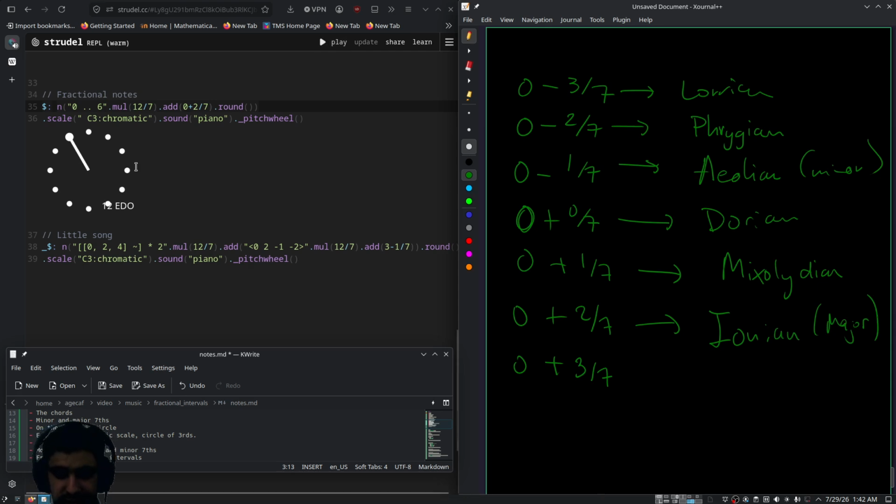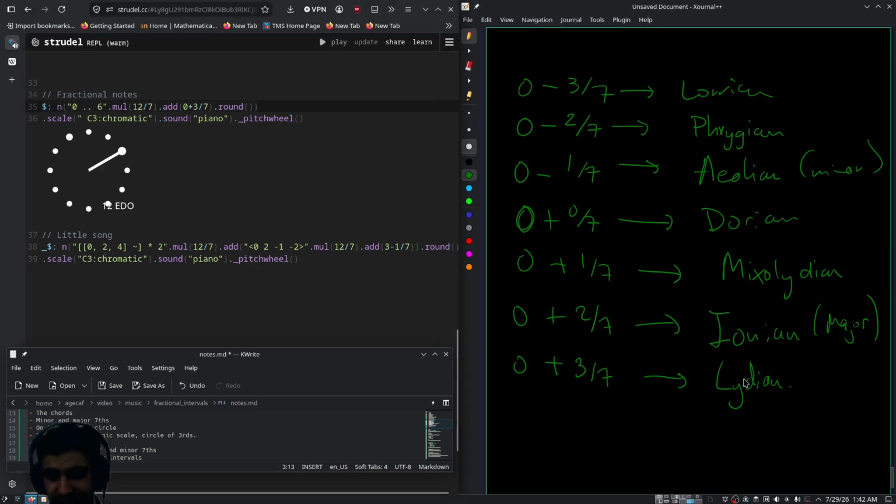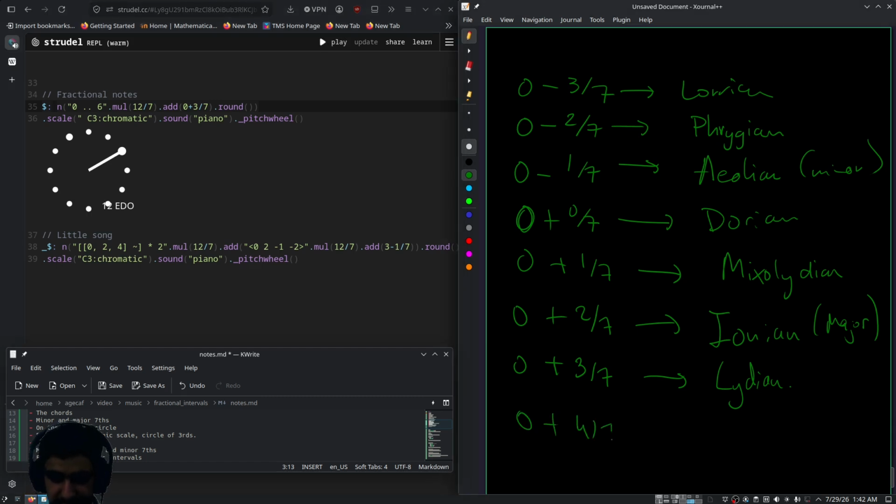And if we do plus 3 over 7, that's our Lydian. And you remember that I mentioned that the Lydian and the Locrian are actually very close to each other because they just differ by one thing. Well, guess what is 0 plus 4 over 7?